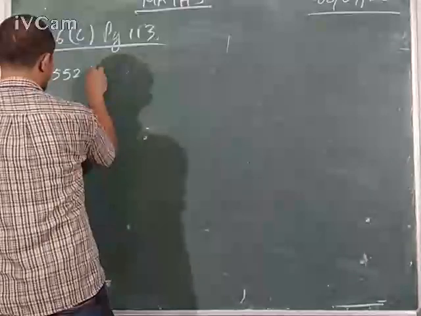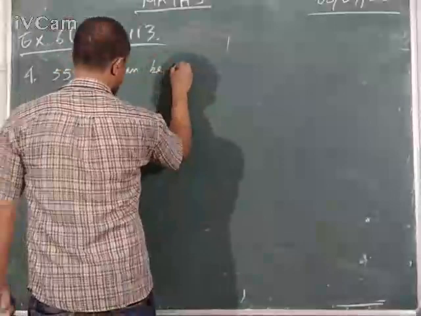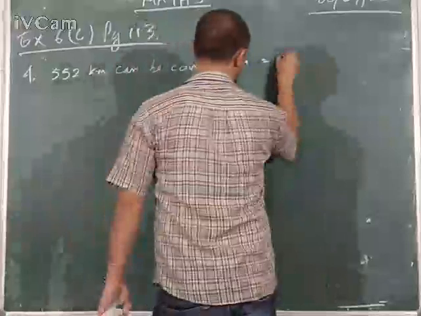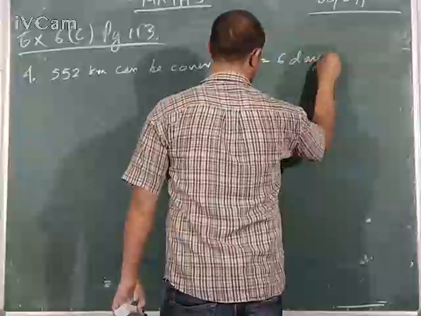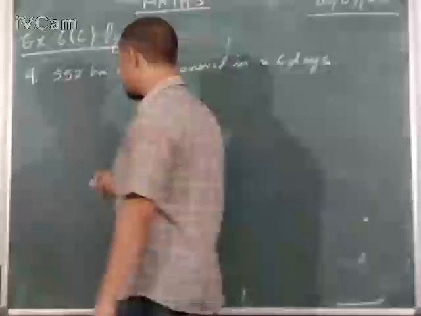The statement is: 552 kilometers can be covered in 6 days. This is the unitary method. I'm doing it on the video because it might get confusing.